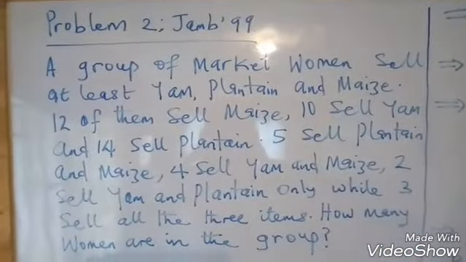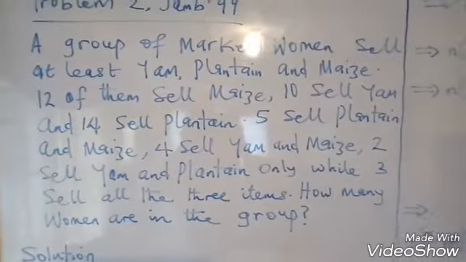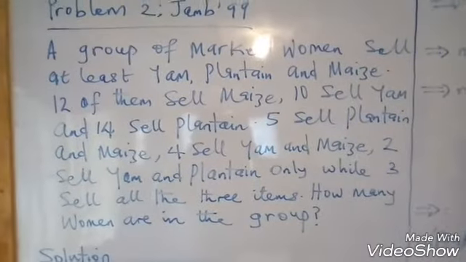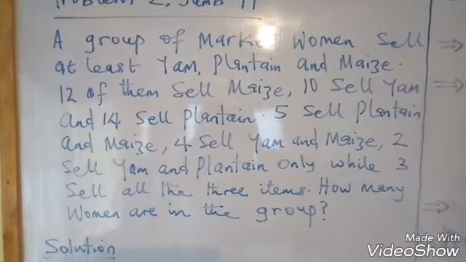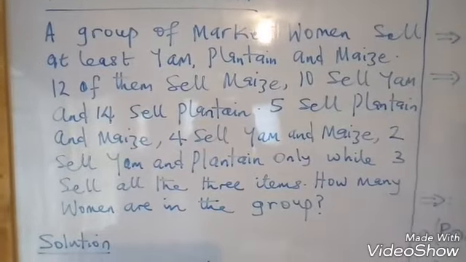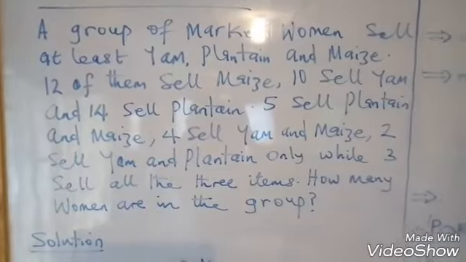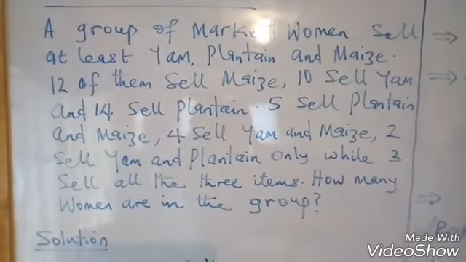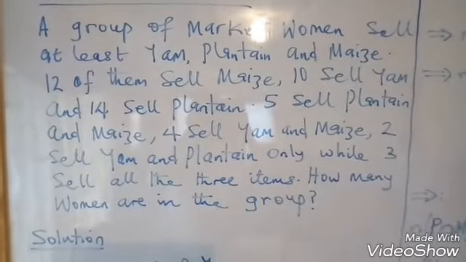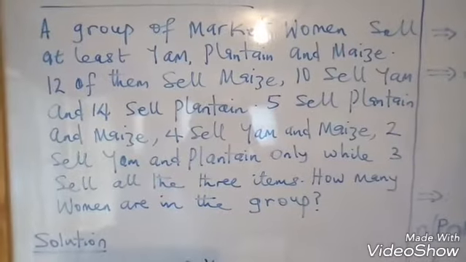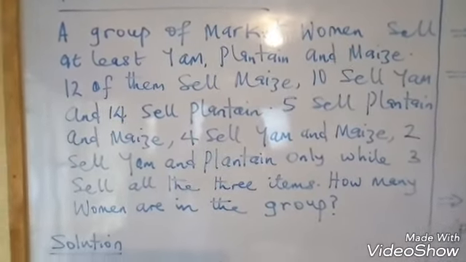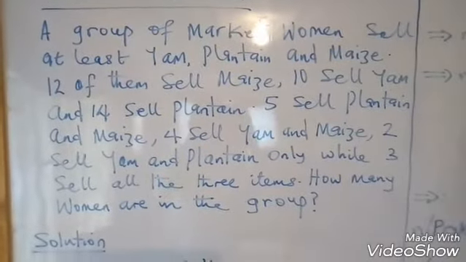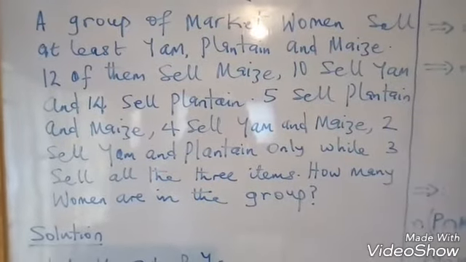That means plantain, yam, and maize was sold by every woman. There is no woman that did not sell yam, plantain, and maize. Every one of them sells yam, maize, and plantain. Therefore, we don't need to write a rectangle because everybody participated in selling yam, maize, and plantain.